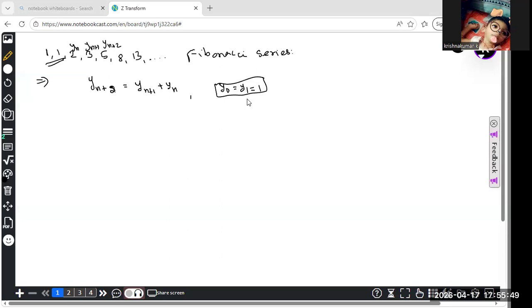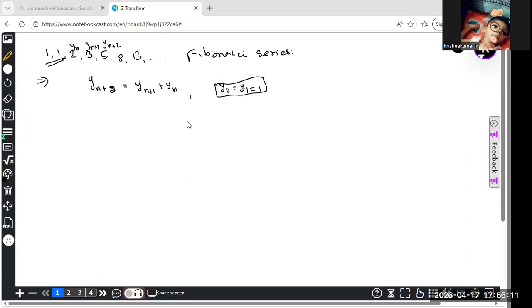I hope you know the definition of a linear equation. This is also linear because the degree of each term is 1. Therefore, this is a linear difference equation. Now we can find the solution of this linear difference equation by using the Z transform.